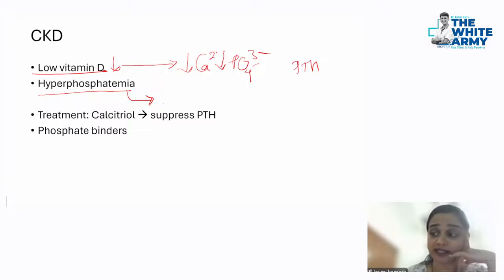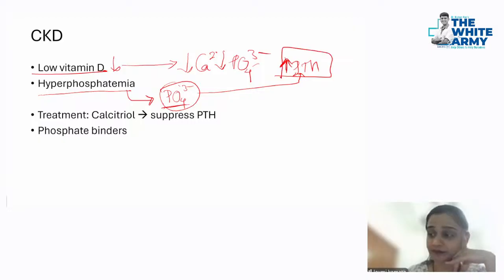So the excretion by the kidney is not happening, and that's how the phosphorus level goes up. Sensing this, what will PTH do? It will increase its concentration again, thinking that it will push away this phosphorus. So the concentration of PTH will also be very high. Vitamin D will be low, calcium will be low, but phosphorus will be high.